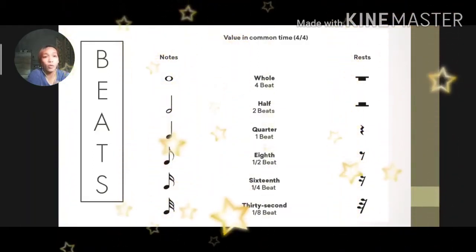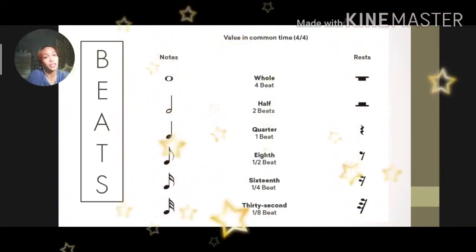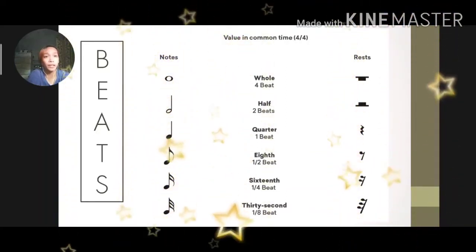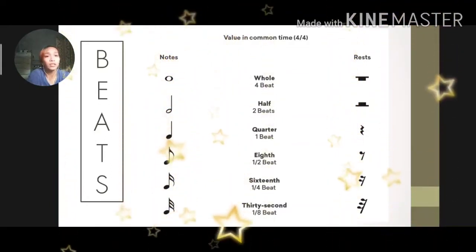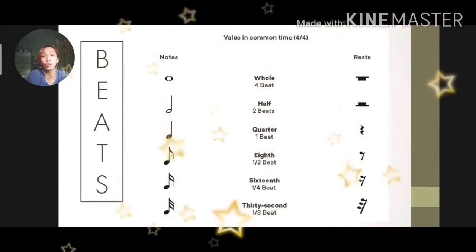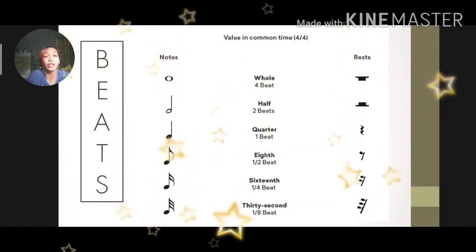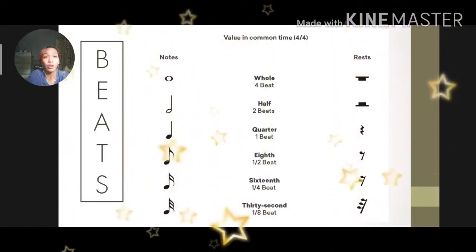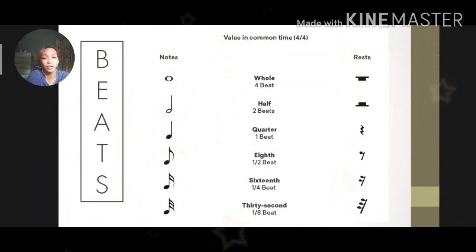There is a 1/2 beat to an 8th note or the 8th rest, a 1/4 beat to the 16th note or the 16th rest, and a 1/8 beat to a 32nd note or the 32nd rest. So these are the corresponding beats of the following symbols, notes, and rests.